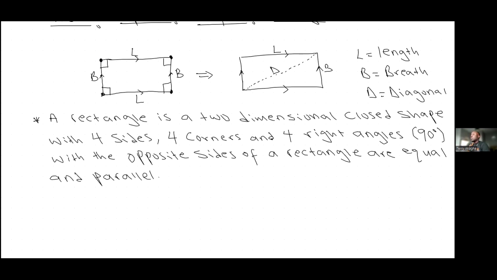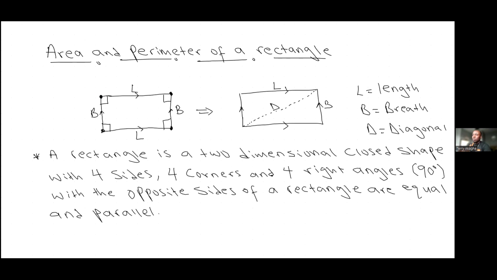Okay, so that is it for that. So a rectangle is a two-dimensional closed shape with four sides, four corners, and four right angles, with the opposite sides of the rectangle equal and parallel.